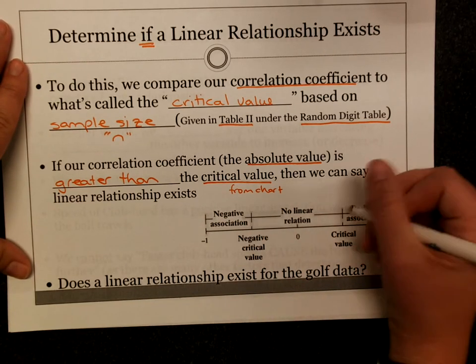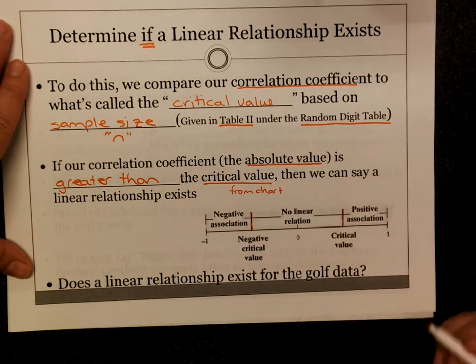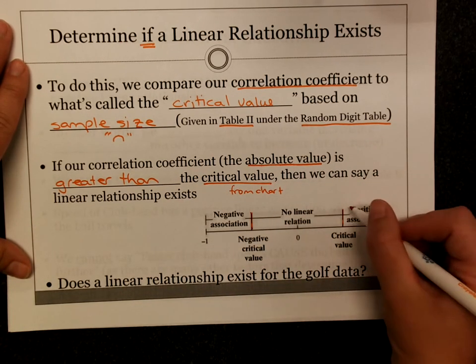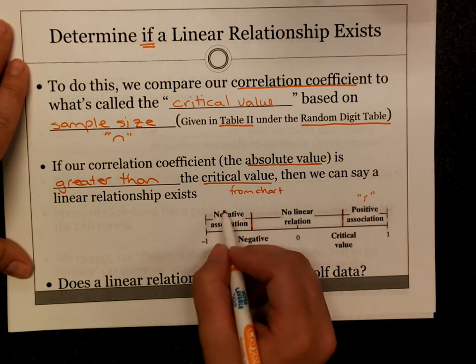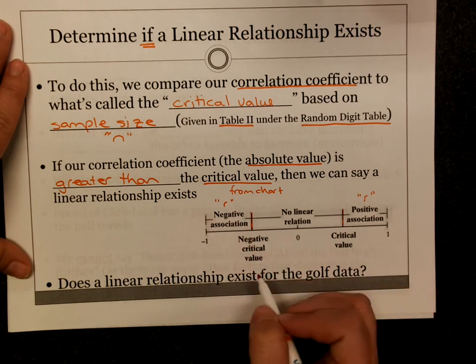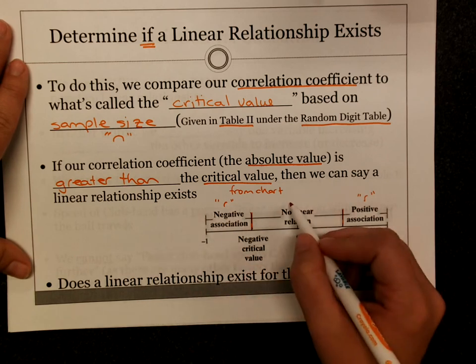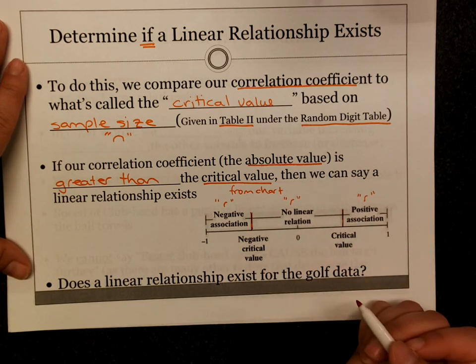The critical value will be determined by the sample size. Positive or negative doesn't matter. If our value is greater than it, either positive or negative, then we can say an association exists. If it's less than it, if R falls in the middle, then we cannot say a linear relationship exists.